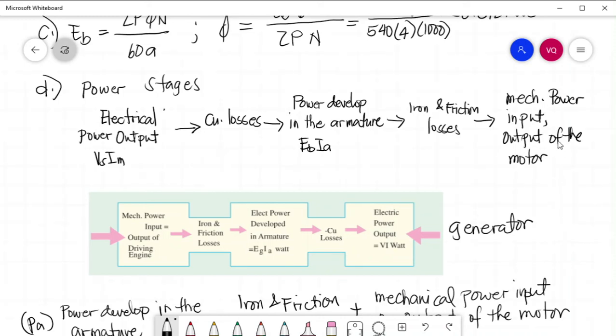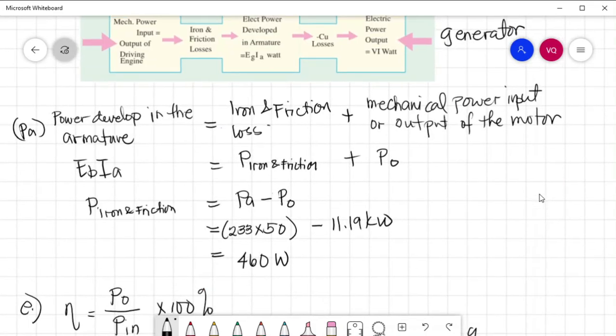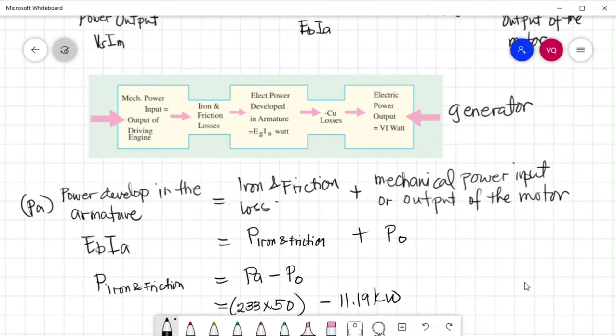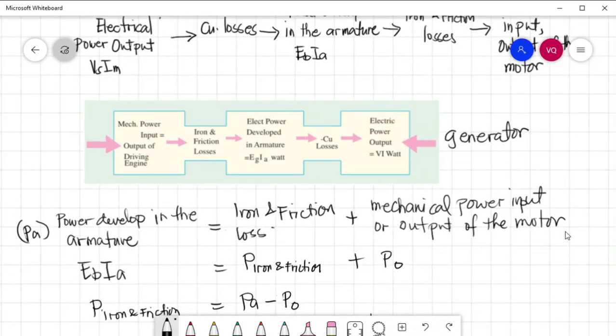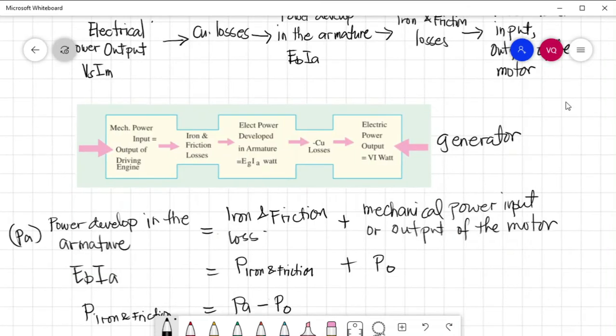Okay, so solving for the iron and friction losses from our power stages, that will be equal to power developed in the armature minus the output power of the motor, that is equal to the iron and friction losses.